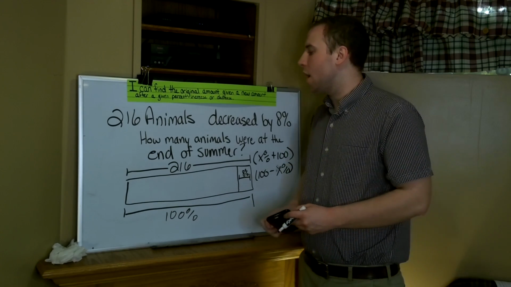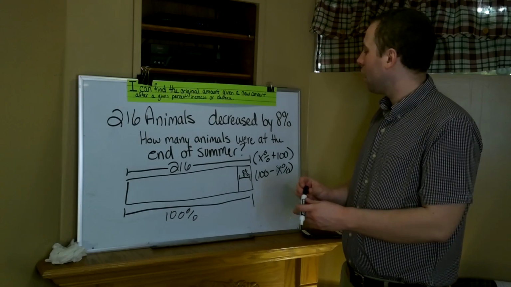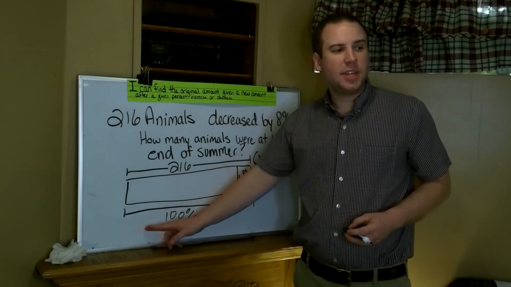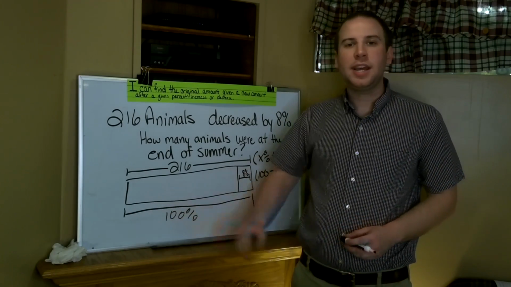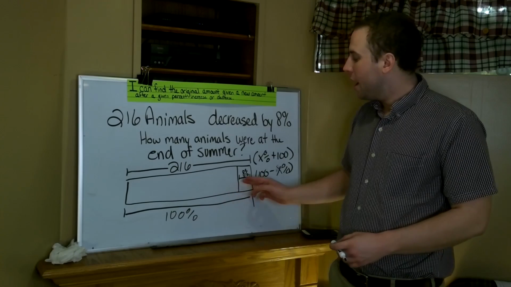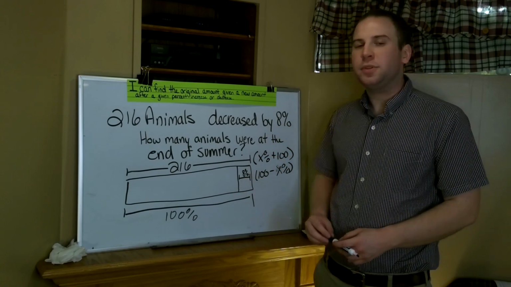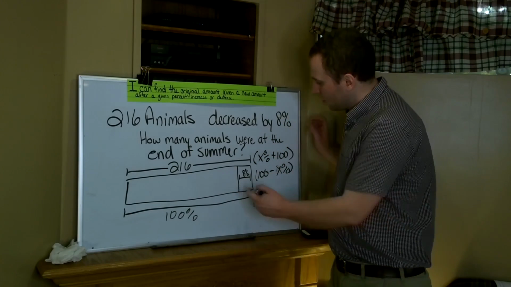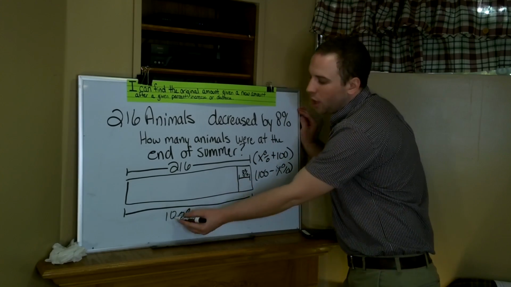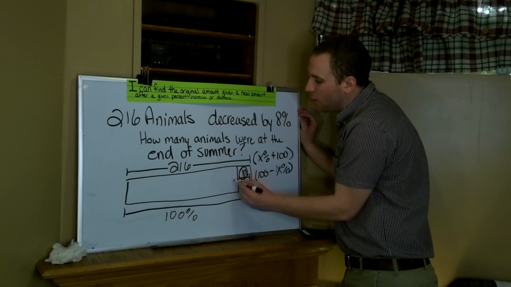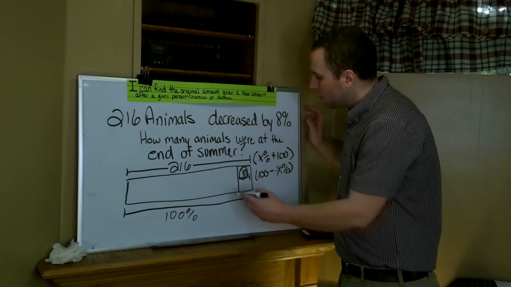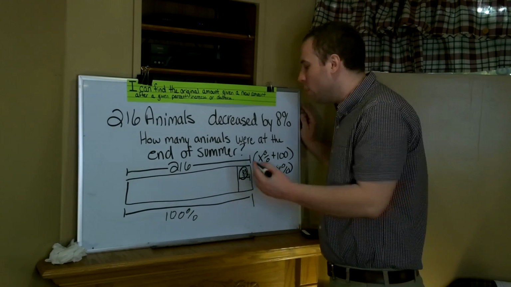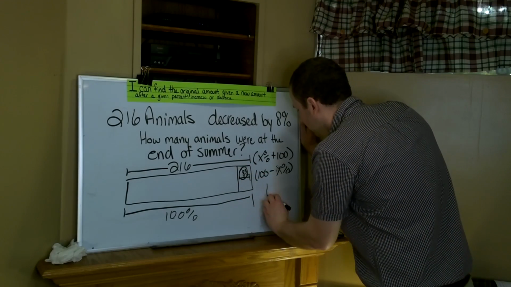In this picture graph, 100% represents your total amount, and 8% represents your decrease. So we take 100 and subtract 8. 100 minus 8 gives me 92%.